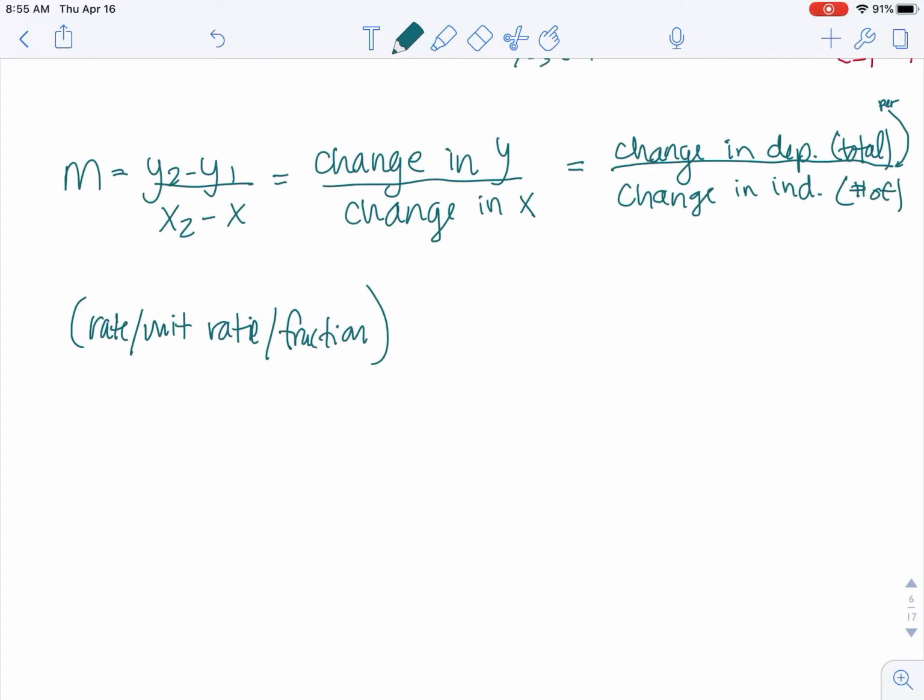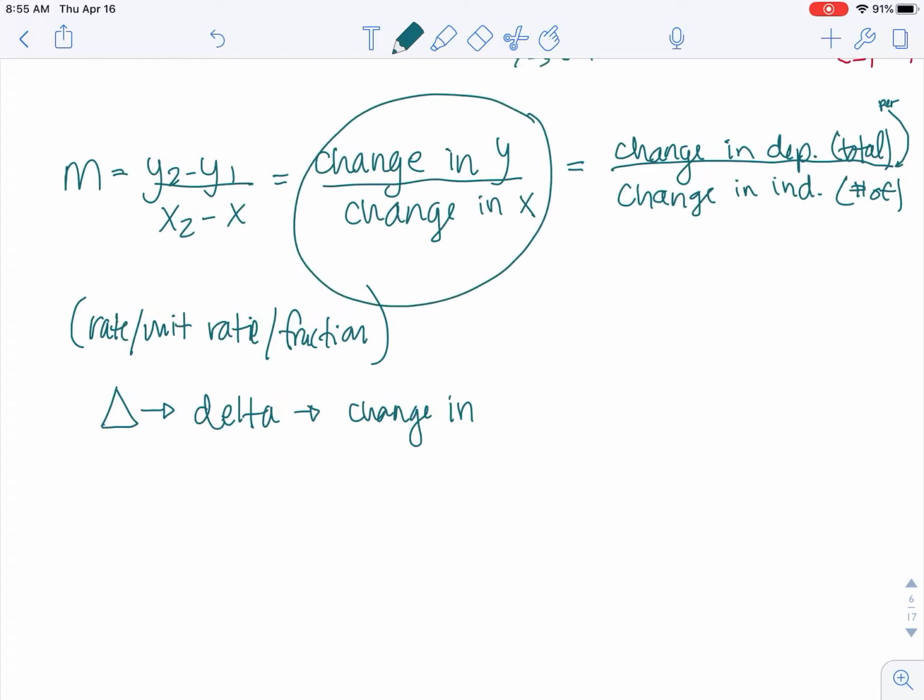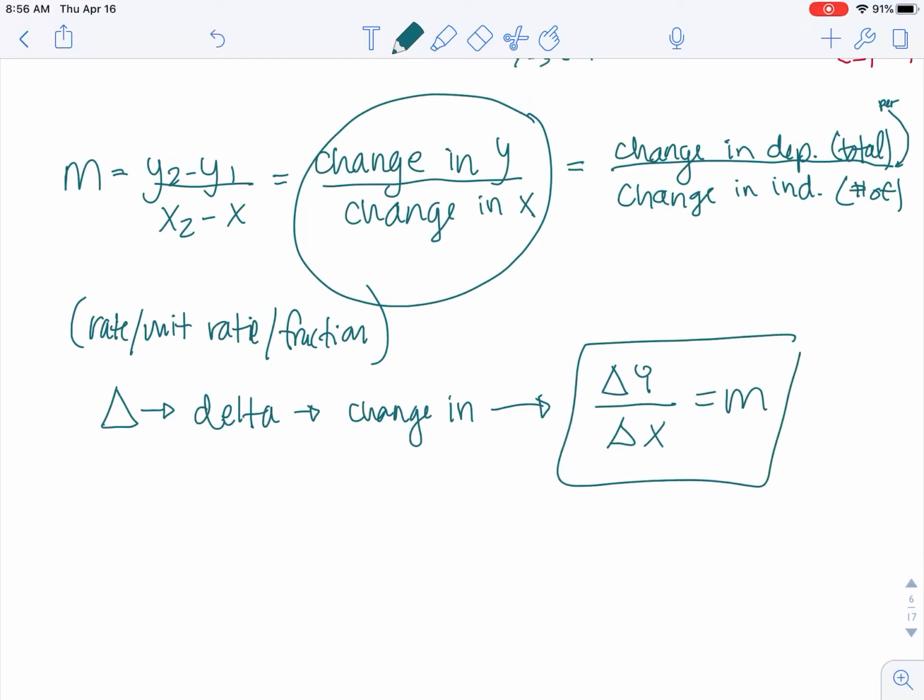And there's a Greek letter called delta. What it actually means is change in. So a lot of mathematicians and scientists and physics scientists will use this symbol. Instead of saying the change in y over change in x, they'll say delta y over delta x as a shorthand equaling your m, your slope.